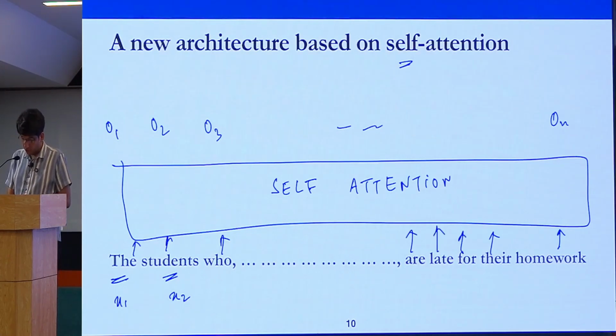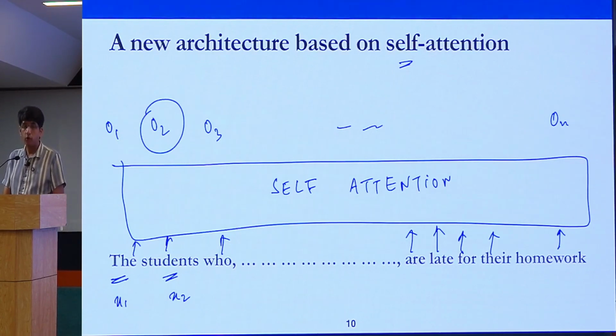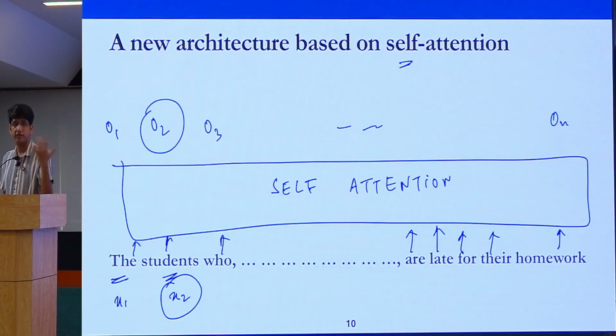So this O2 will now be very, very contextual, because O2 is a weighted sum of all the values based on the weights. This word students, which was originally only representing students, now has information about, let's say, the fact that they are late, or that they are late on homework, because of this dynamic attending to other words in the sequence.